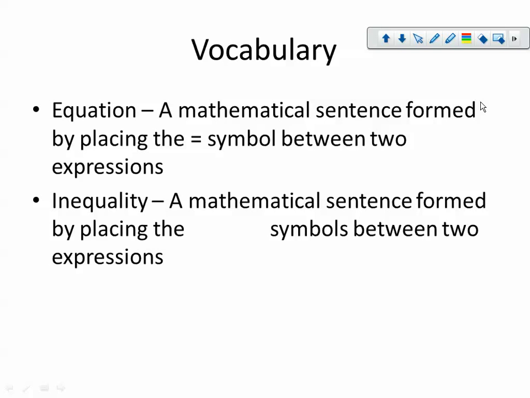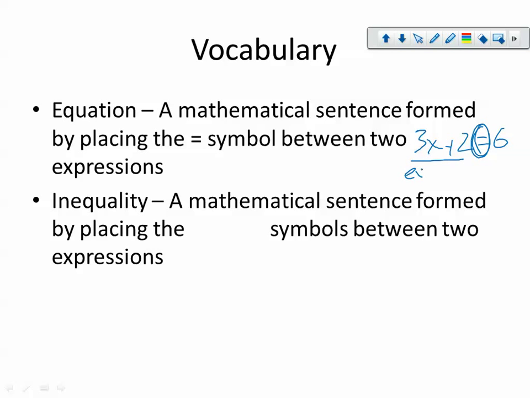An equation is a mathematical sentence that is formed by placing the equal sign between two expressions. So for example, if you have 3x plus 2 equals 6, right? That's an equation. The equal sign is what makes it an equation.